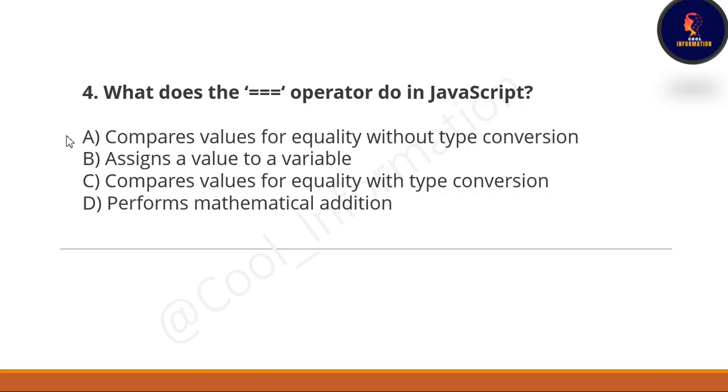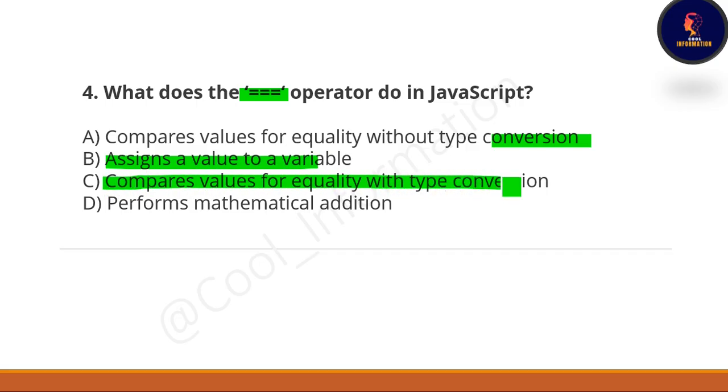Next question. What does this operator do in JavaScript? Option A, compares values for equality without type conversion. Option B, assigns a value to a variable. Option C, compares values for equality with type conversion. And last option is performs mathematical addition.